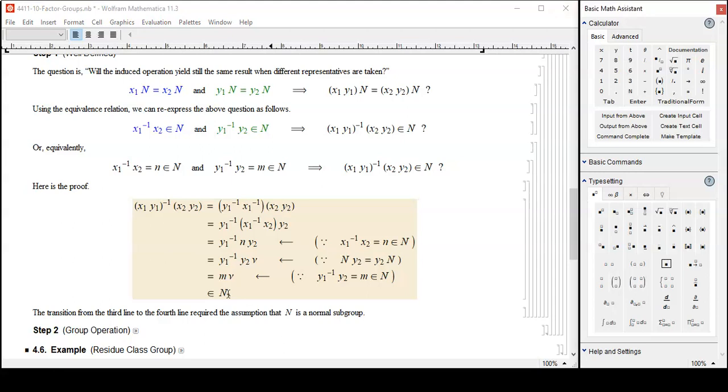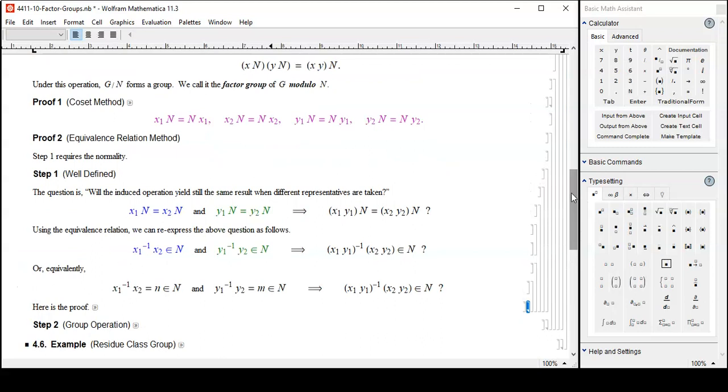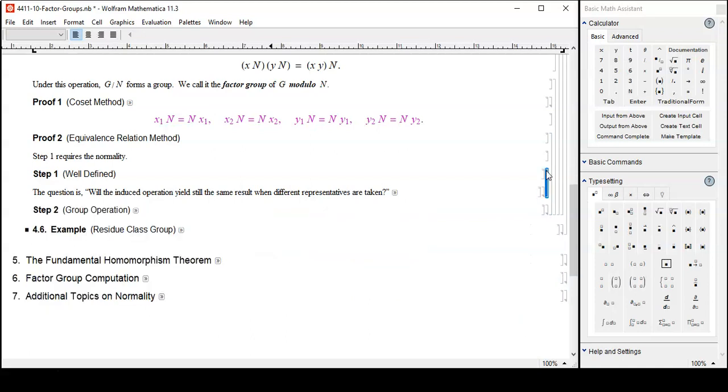Sorry about that. Anyway, yes, we get the left coset relation. So x1y1 and x2y2 are related, so they define the same left coset. That's an alternative proof, and that's the proof of the well-defined part, the harder part.